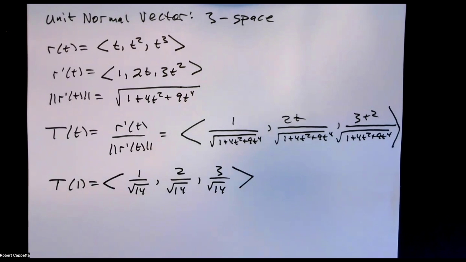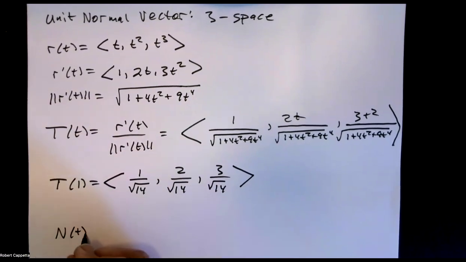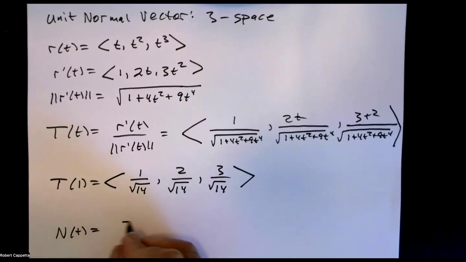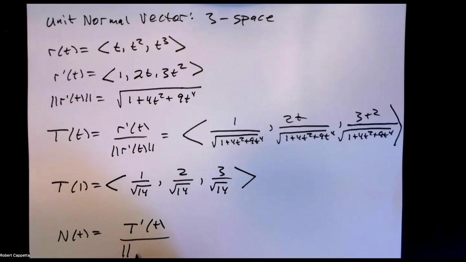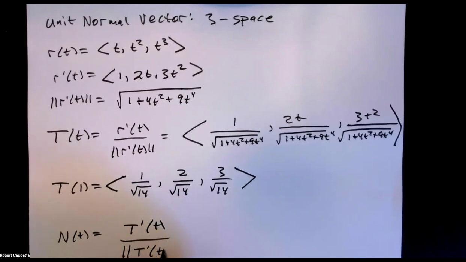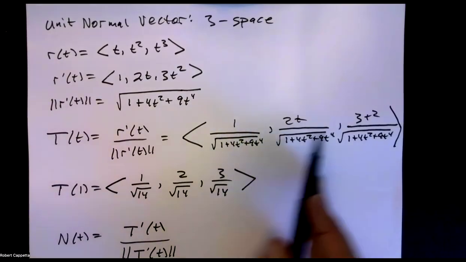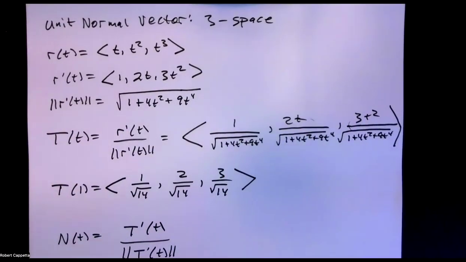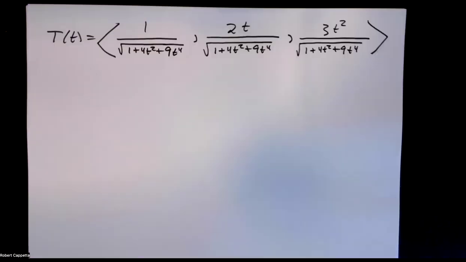But if I want to get N of t, how do I find N of t? N of t is T prime of t divided by the magnitude of T prime of t, which means we will need to take the derivative of this slot, and this slot. So you could imagine the calculus is going to get rather challenging, certainly tedious.